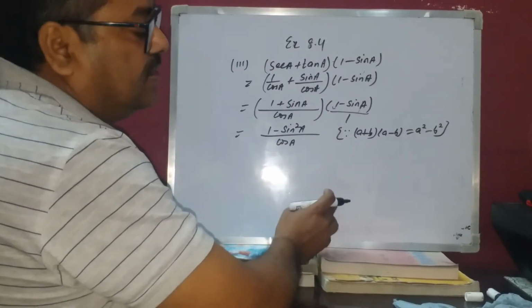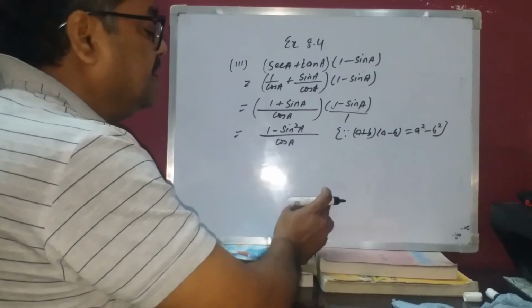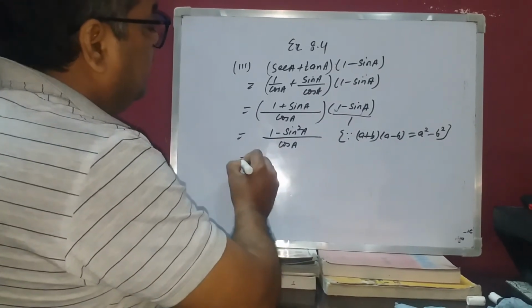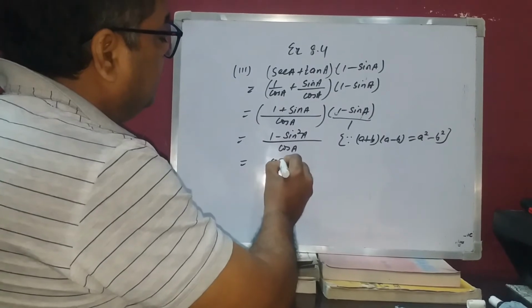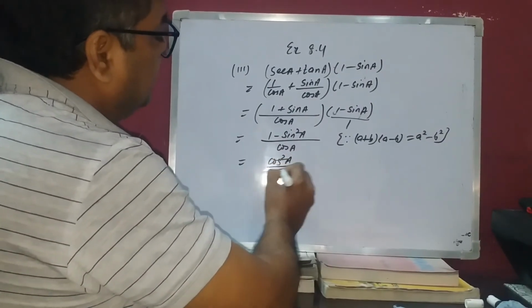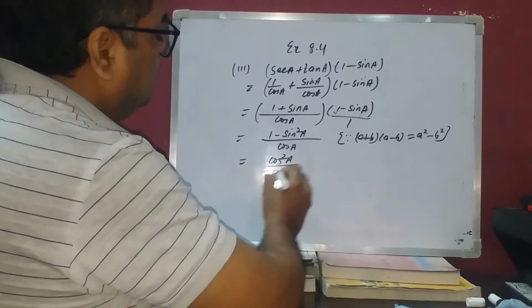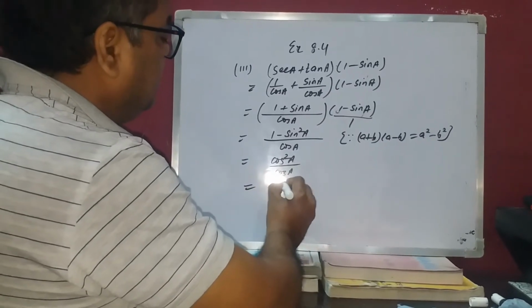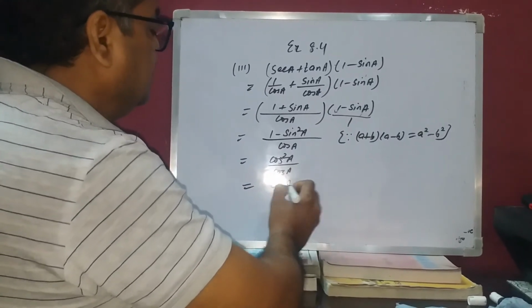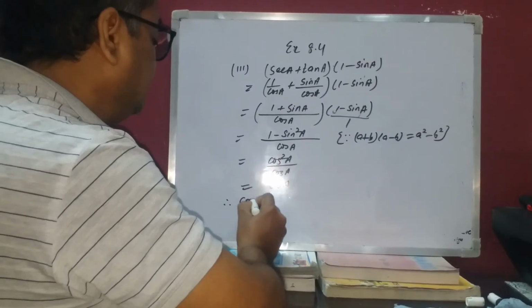So always remember the algebraic identities. And this is cos square A by cos A, and finally cos A is your answer. Therefore the correct choice is what?